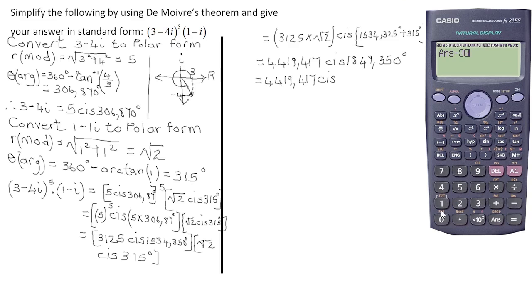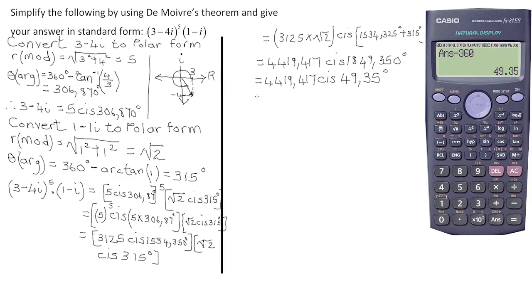Minus another cycle, equals. Still outside. Minus another cycle. You can see there, it gives me 49.35 degrees. But did we answer the question? Yes, but your answer should be in standard form.